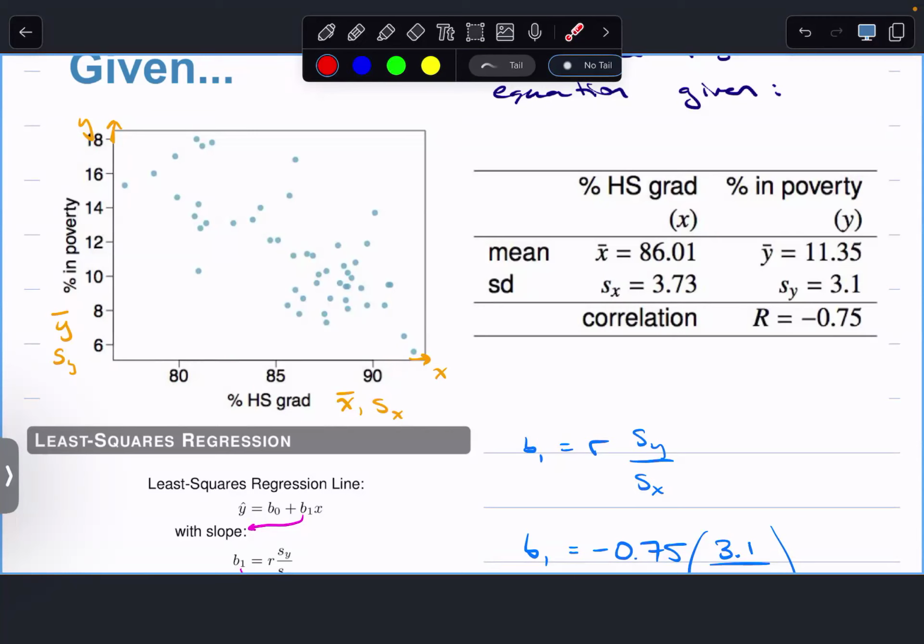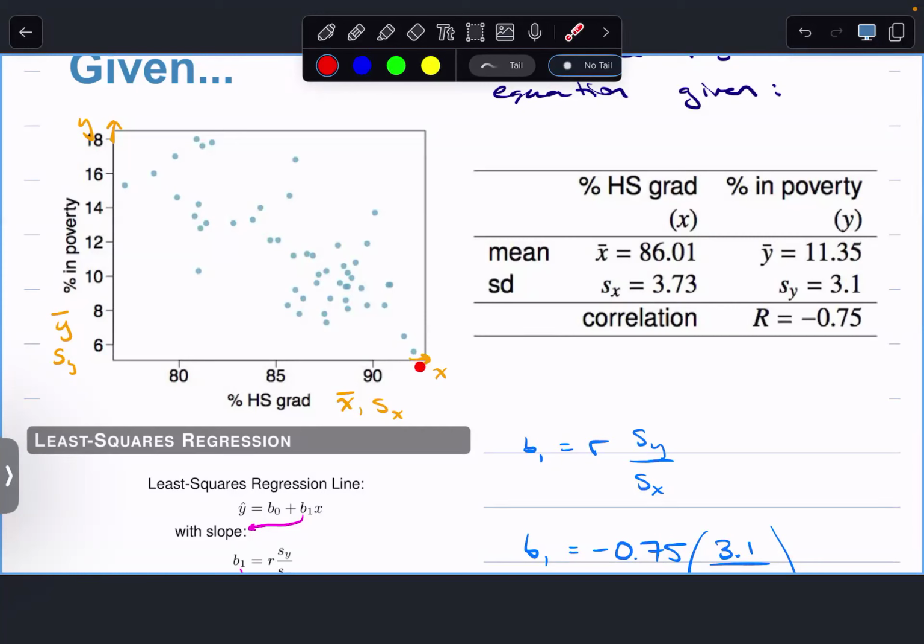And the problem with lines, and the beauty with lines, is that they keep extending to negative infinity and positive infinity, right? But the line is only useful for this range of X. We could use it to predict the percentage in poverty if the percentage of high school grads is 5, but that's outside the range of the data we built this line with.